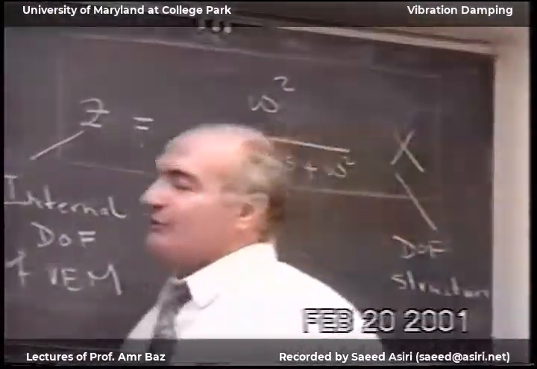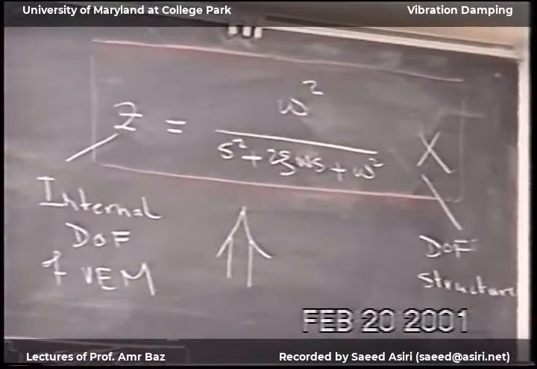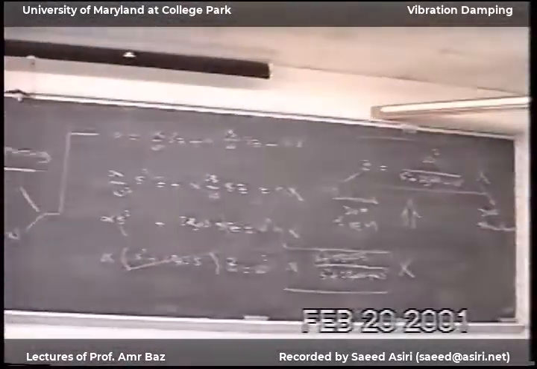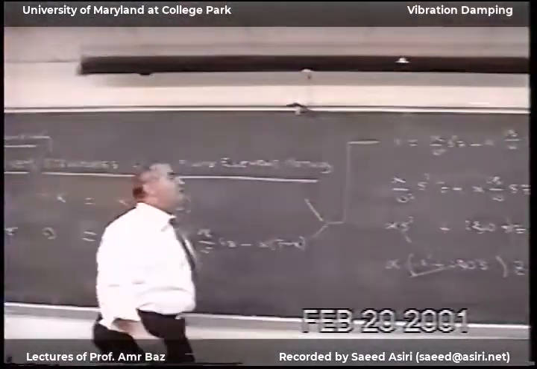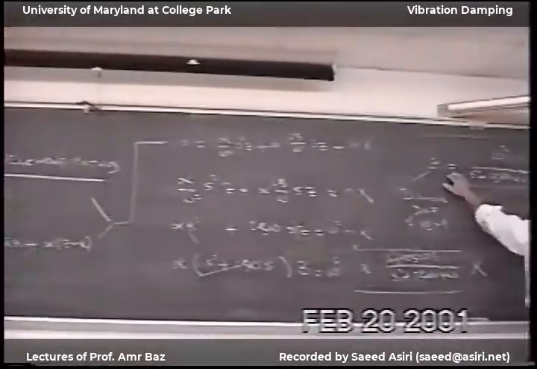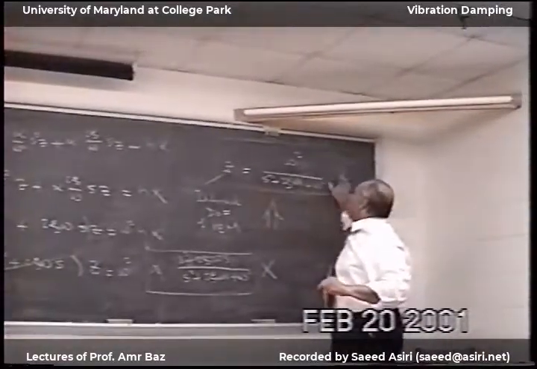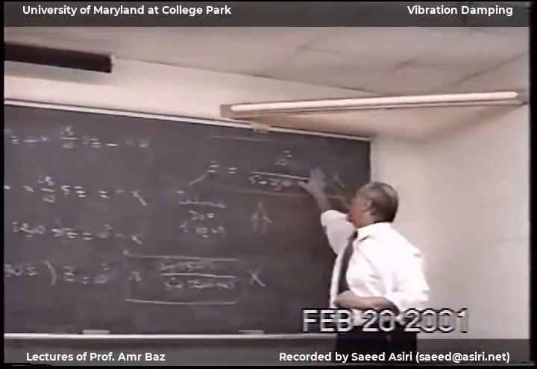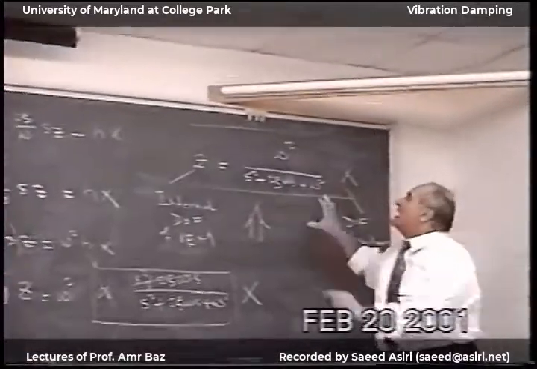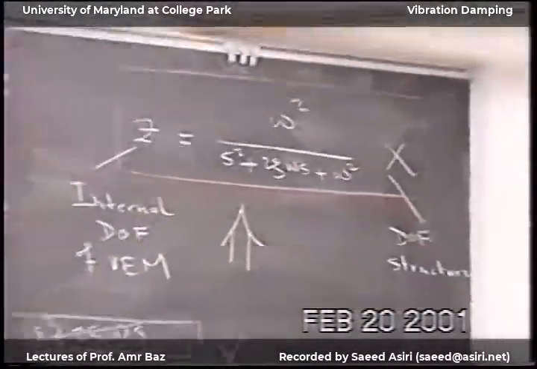So the purpose of this side note: last lecture I gave you this equation so I can combine the viscoelastic material with the main structure by adding these internal degrees of freedom to the structure degrees of freedom. This equation, I can rewrite it in this form.